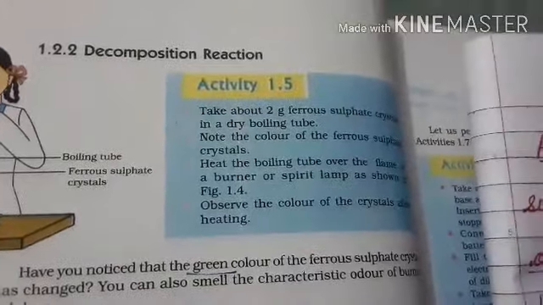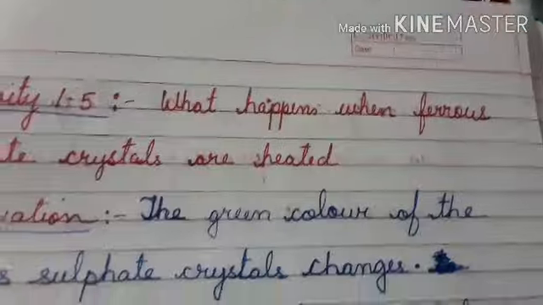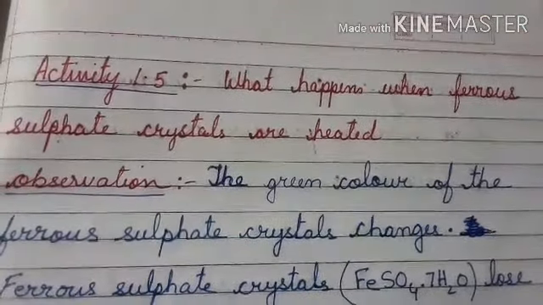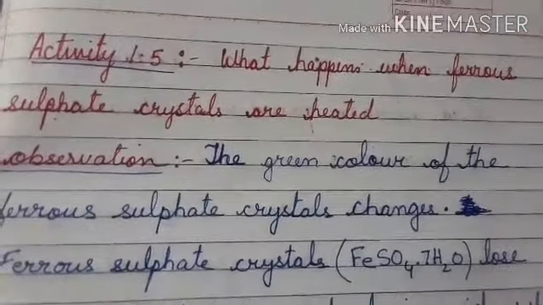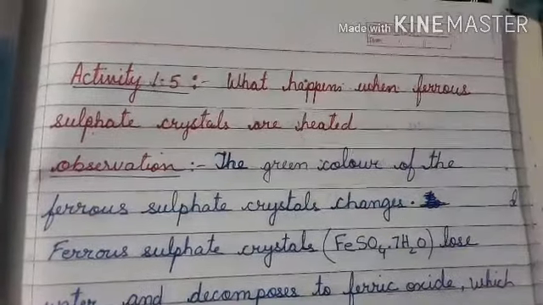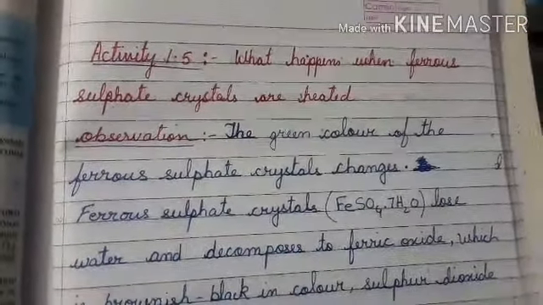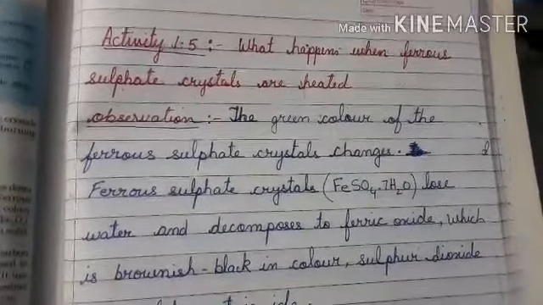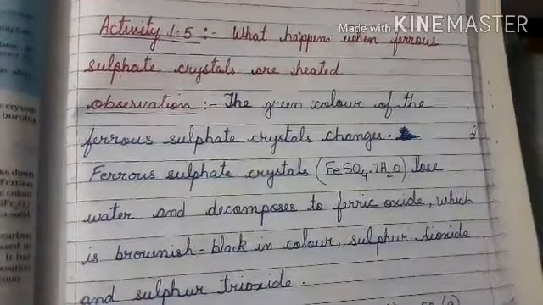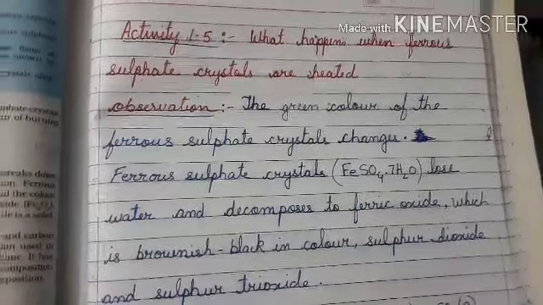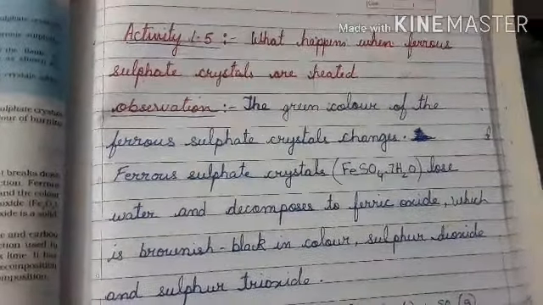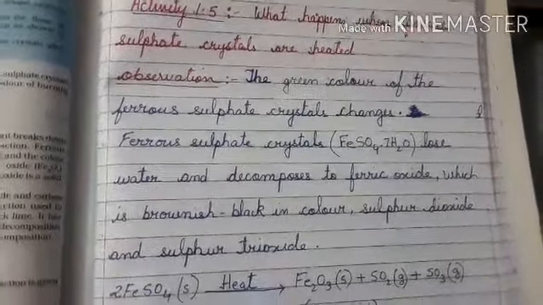Activity 1.5. So what happens when ferrous sulfate crystals are heated? Observation: the green color of the ferrous sulfate crystals changes. Ferrous sulfate crystals lose water and decompose to ferric oxide, which is brownish black in color, sulfur dioxide and sulfur trioxide.